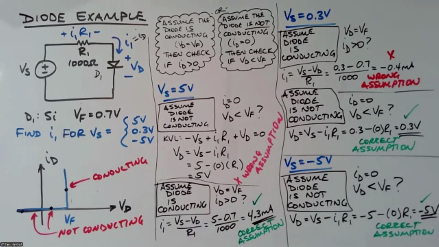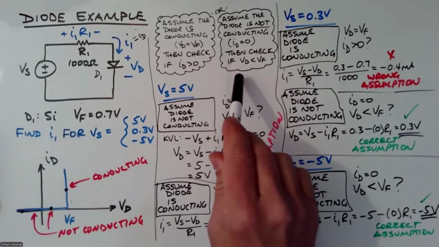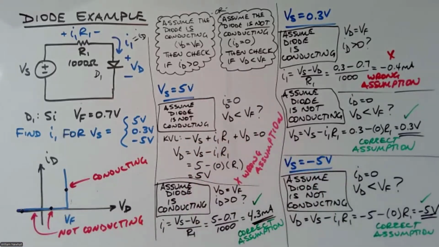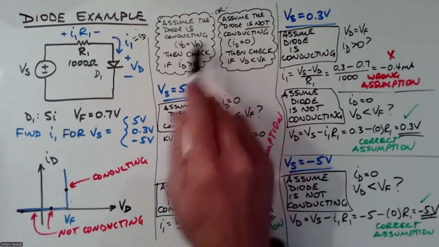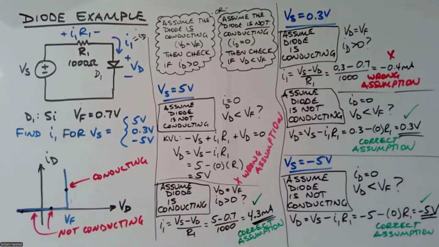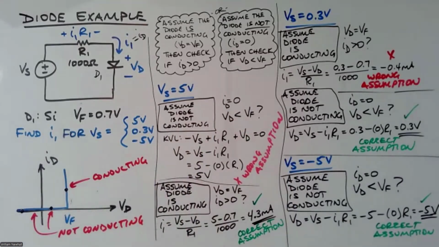In the worst case, you pick wrong the first 3 times out of the 4 possible combinations, and then you have to work it out to the end to get the final check that both assumptions are correct, for the 2 diodes.